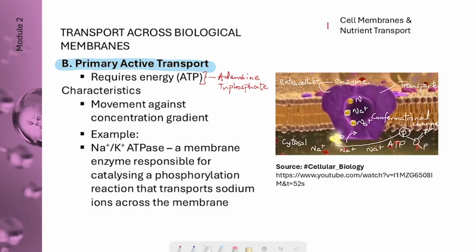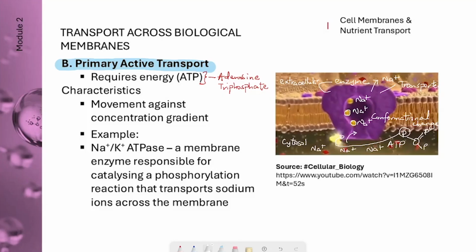So this conformational change leads to 3 molecules of sodium specifically binding to the enzyme. And what happens is that the 3 sodium molecules are pumped out from the cytosol into the extracellular space.